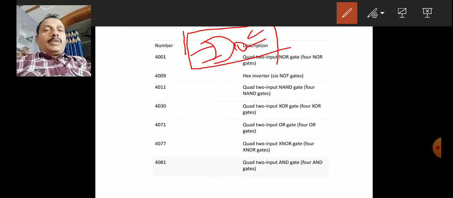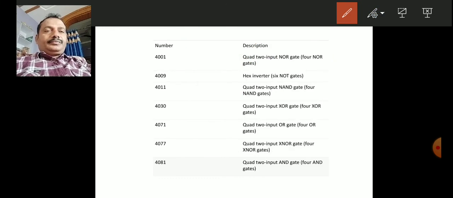Such 4 gates are manufactured in a single piece of semiconductor material. 4009, this is hex inverter. Hex means 6. 6 NOT gates are integrated in the 4009 IC.